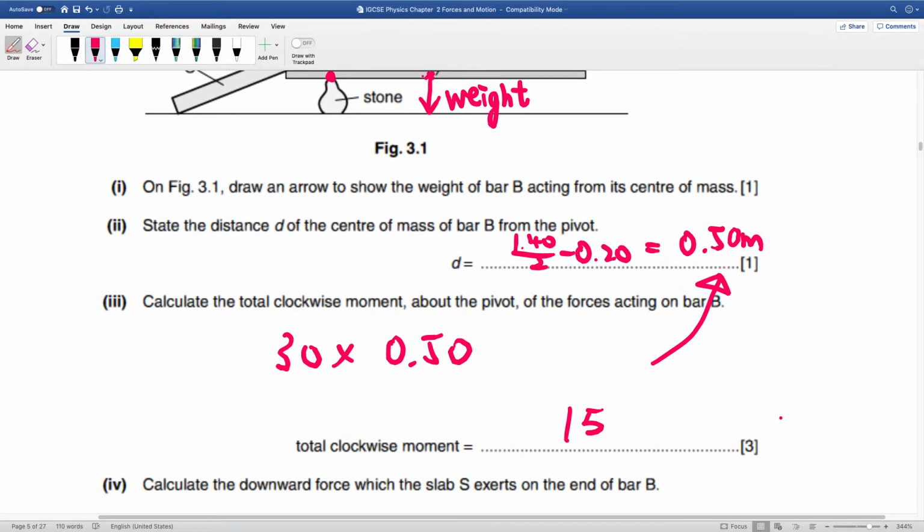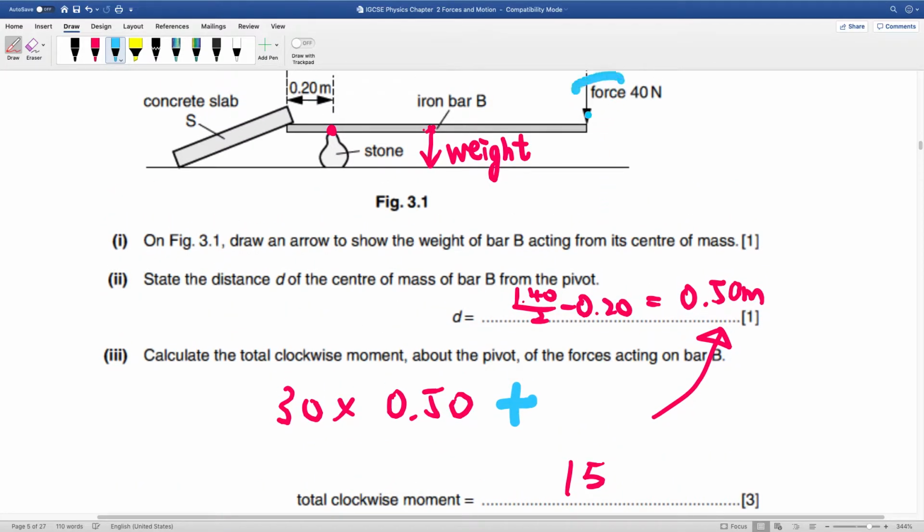Now this is a good question because I give you a trap here. Now you need to add the moment by the 40 Newton force. Everyone gets trapped by me. I'm so sad. Every one of you can't get the 3 marks.